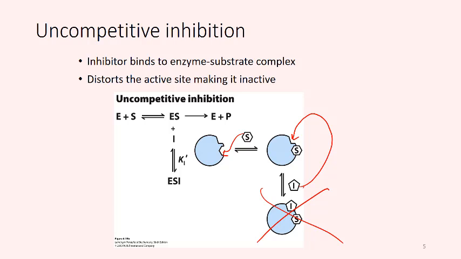But if you had fewer binding sites available, it would take less substrate to saturate the enzyme, so it would appear that your Km is decreasing. The Km's not actually decreasing because the Km is an inherent property, but you're manipulating the enzyme so the Km appears lower.